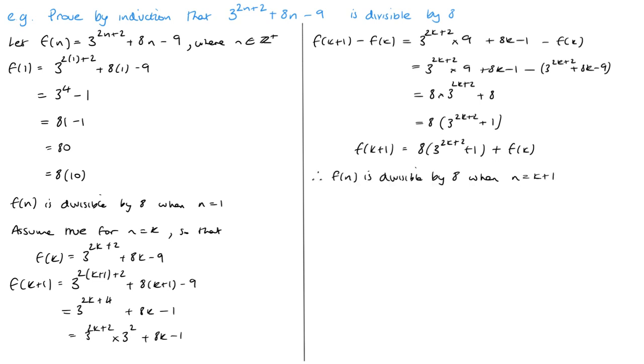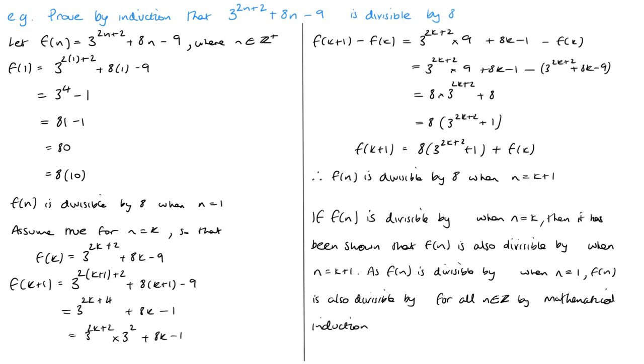Okay, and then to follow it up with the conclusion, very much like the first example. And here it is, the same as what I wrote last time, but this time I'm just putting in the 8s where the 7s were. So f of n is divisible by 8 when n equals k.